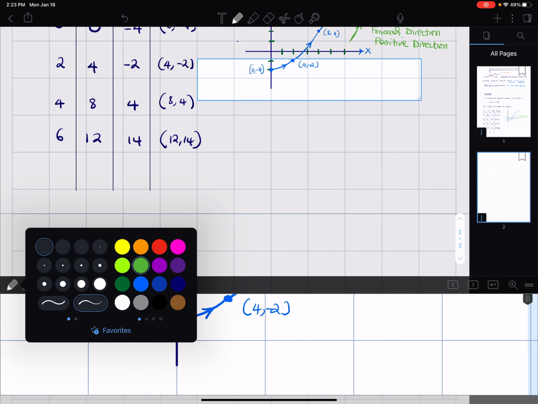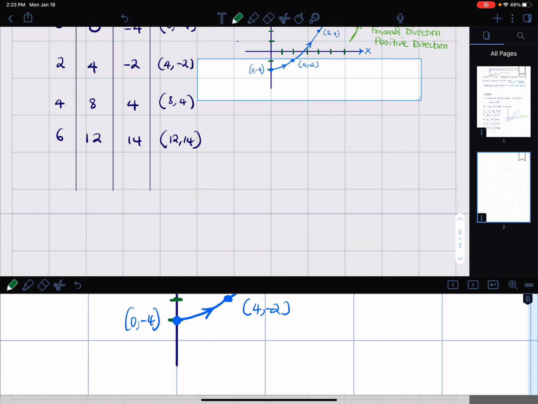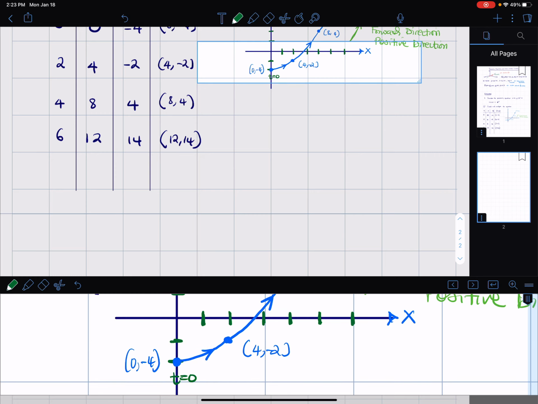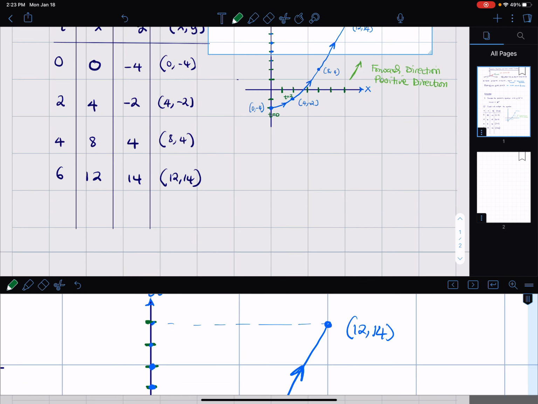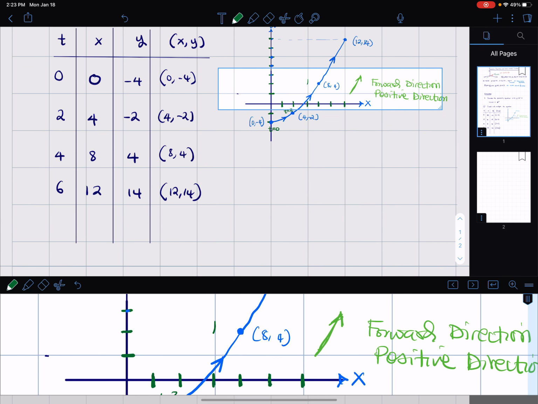If you want to be more detailed, this is where t is 0. This is where t is 2. That is where t is 4, etc.